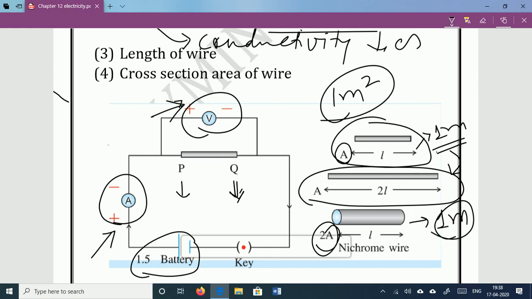From here we come to the conclusion that current is going to increase. The length is the same, but if the cross-section area increases, the current passing through the circuit increases. So it indicates that the resistance decreases as the cross-section area increases. So we can say that resistance is inversely proportional to area.